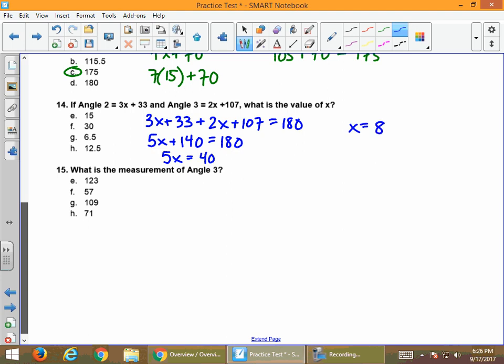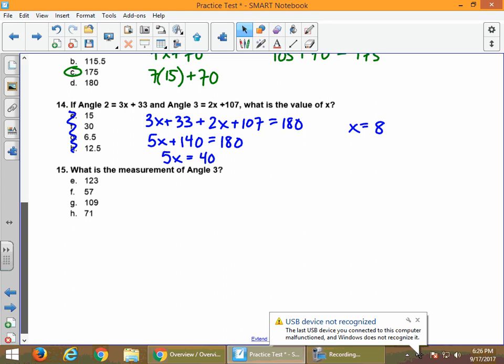You'll notice that that is not one of our answers, and that's because there is a typo in this one. x equals 8 is the right answer, and unfortunately it did not show up, so I'm sorry if that made that a little confusing to you. But if you did find x to be equal to 8, it looks like my USB device needs unplugged. Give me just a second.